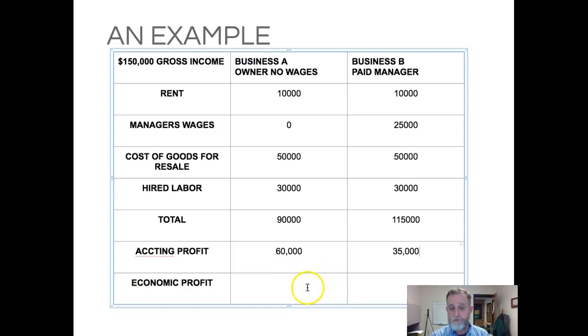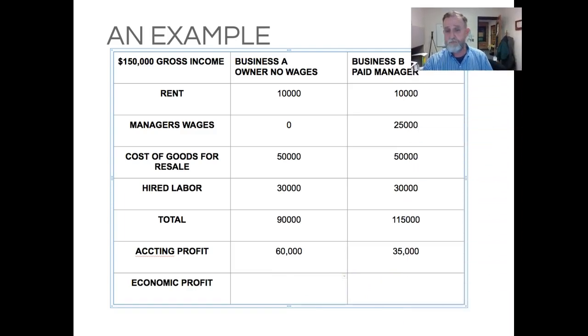Okay, but with the calculation with opportunity costs, let me move that up there, included in the expenditure side of things, we actually have an opportunity cost of $25,000 that we would assume in the business A model, in order to compare these two. And so the economic profit here actually becomes $35,000.